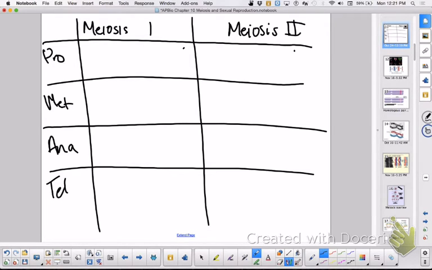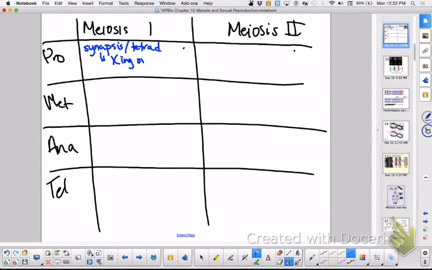Okay, so hopefully you took some time to fill in your boxes. Let's talk about some key events in meiosis 1 that occur in prophase. Go ahead, tell me. Synapsis, good. So that's when you're forming a tetrad. And what can happen as a result of that? Crossing over.